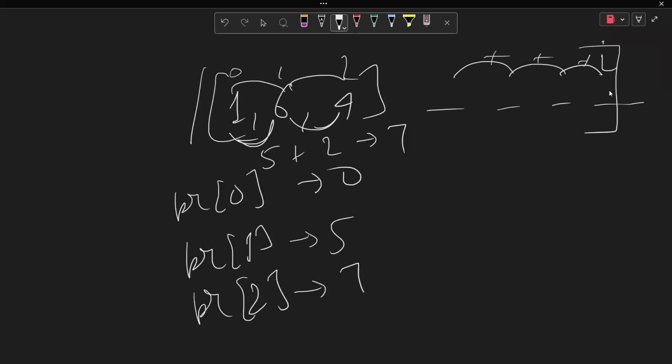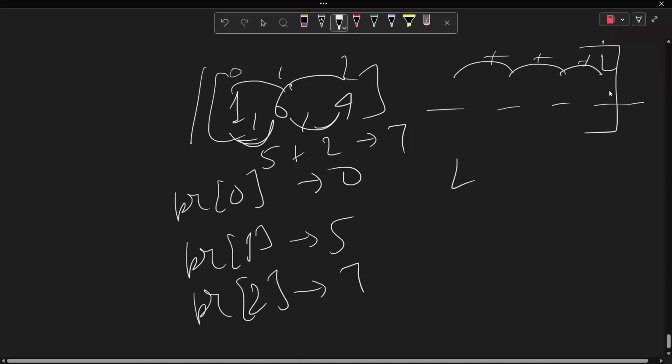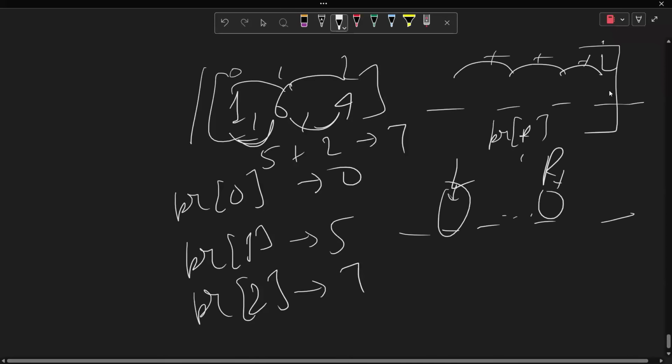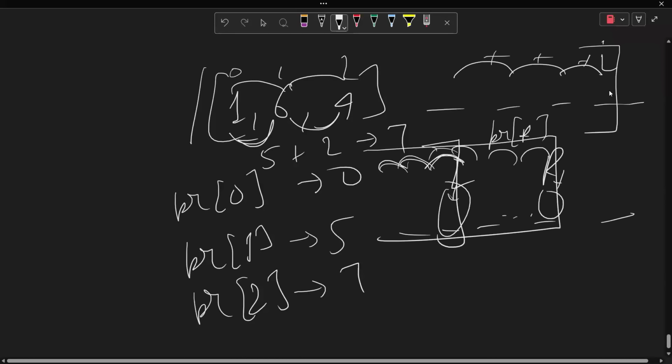So to compute the sum of differences for a range from L to R, if this is my L, this is my R, PR of R is storing the sum of differences for this whole range, minus PR of L, these differences. If you subtract, then these are the differences that you need.